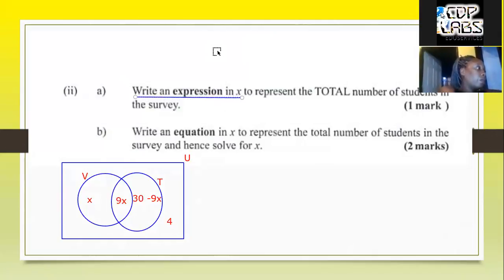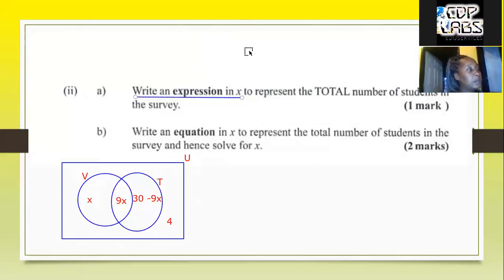Let me tell you what that means. You ready? What it means is that whatever you write must have x in it. Is that clear? Okay. Good.